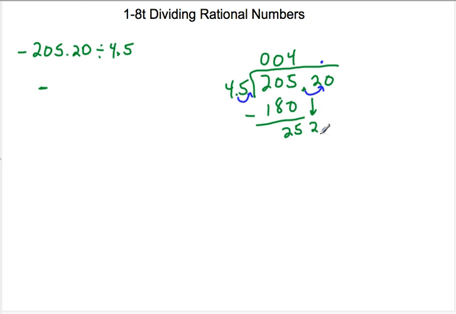So now 252 divided by 45 is going to be, I think, 5. Let's see, 45 times 5 is 225, I believe.